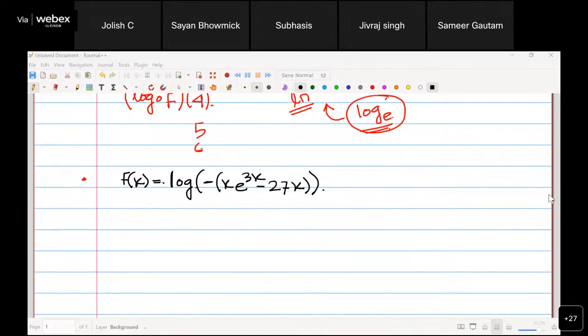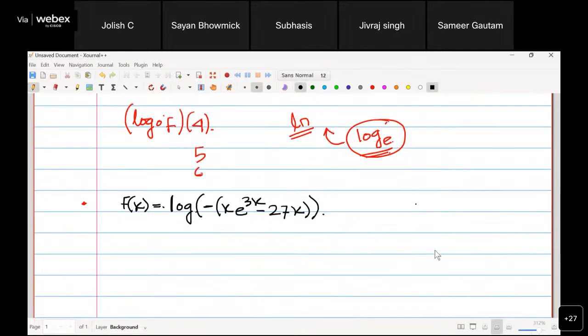I don't know, sir. First, we need to understand what is just log x, what is its domain. Then if it is minus x, what is the domain? Then we come back to each formula like that. Sir, I have a thought, can I share it? Yes, please.